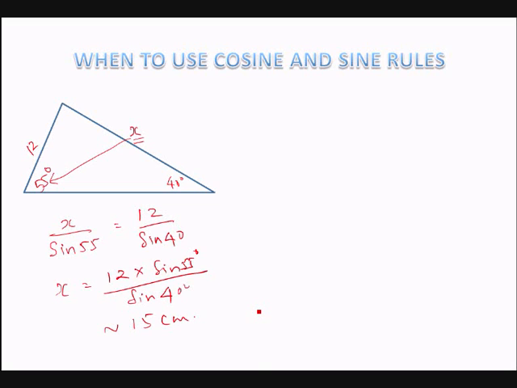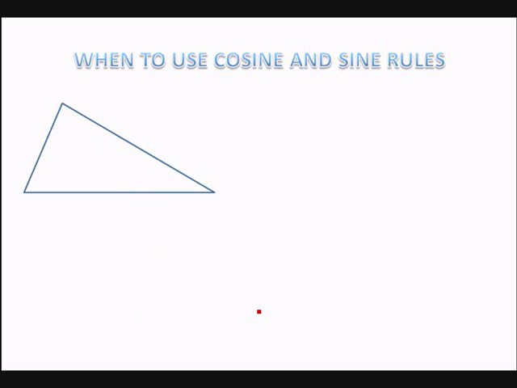So this is a very simple question where we can directly use the sine rule. Let me move on to the next example. I am asked to find the side a, given that angle A is equal to 63 degrees and angle B is equal to 49 degrees and b is equal to 18 centimeters.